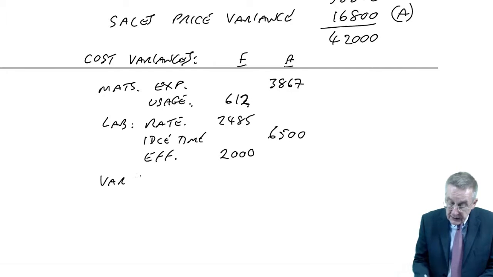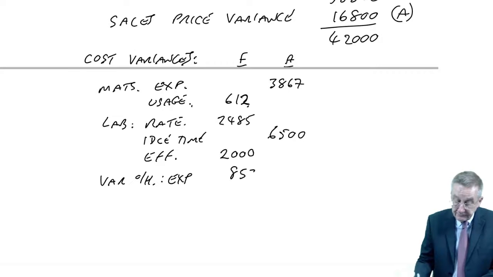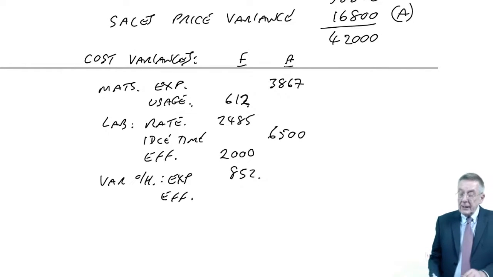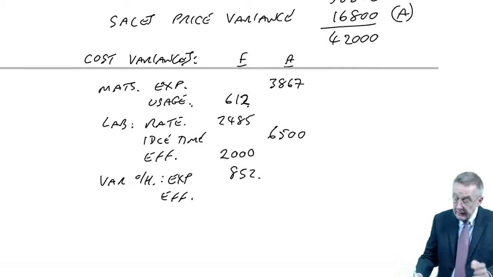Variable overheads. We had an expenditure variance, these are both favourable, it was 852 favourable. An efficiency variance, labour, $2,800 favourable.